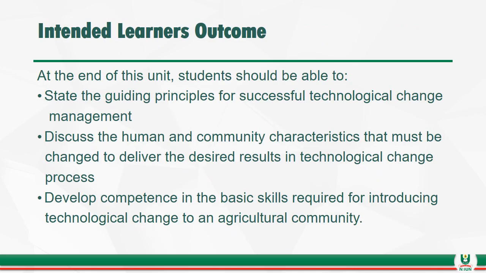At the end of this unit, the students should be able to state the guiding principles for successful technological change management, discuss the human and community characteristics that must be changed to deliver the desired results in technological change process, and of course develop competence in the basic skills required for introducing technological change as an agricultural extension worker.